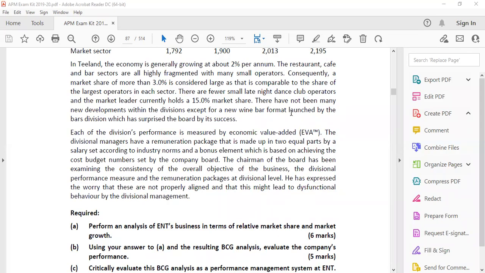The chairman of the board has been examining the consistency of the overall objective of the business, the divisional performance measure, and the remuneration packages at divisional level. He is worried that these are not properly aligned and that this might lead to dysfunctional behavior by the divisional management. So let's take the entire question to an Excel file, and from there, let's answer this particular question.